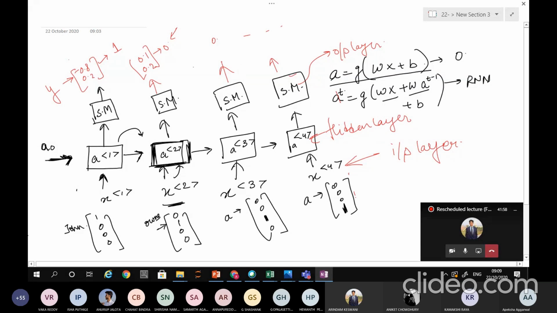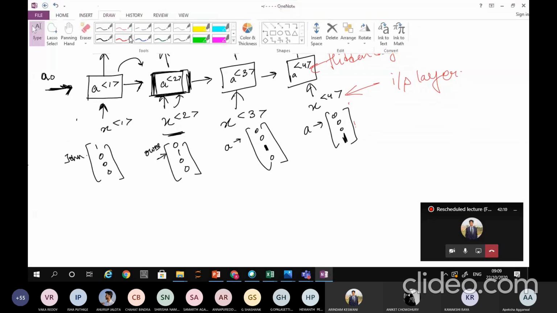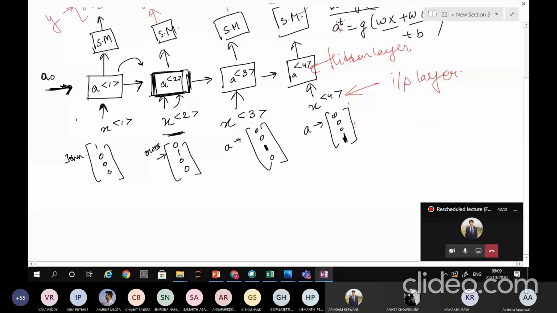Now, there is another notation that you will often find on the internet. Some people represent this whole network as a loop. Here this is my output, this is my node, that is the hidden layer, and then we have an input layer.